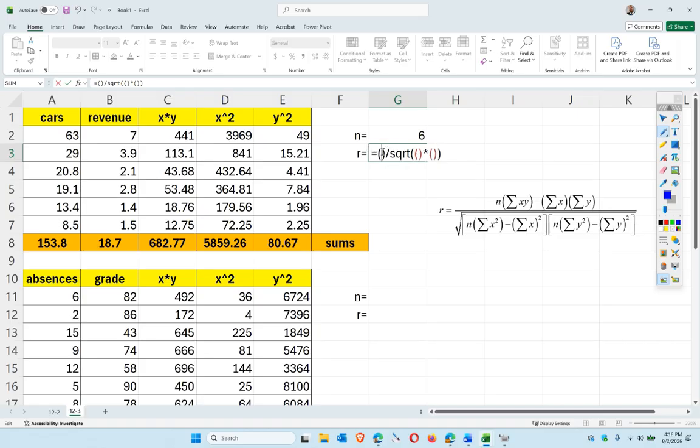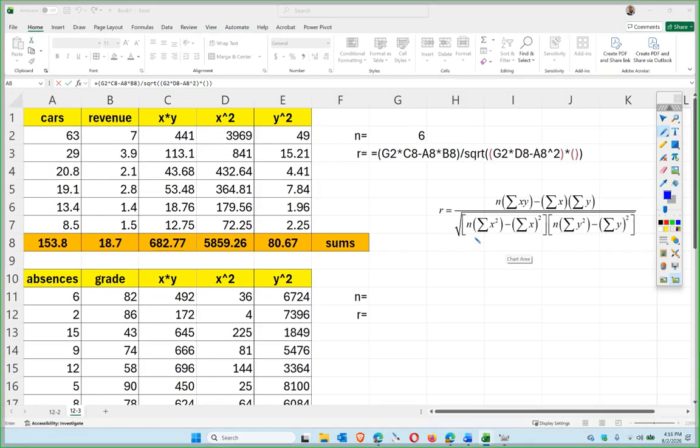So my values here are n times sigma xy minus sigma x times sigma y. That's the numerator part. Then we'll do the x part down the bottom. The x part is n times sigma x squared minus sigma x, all to the second. And that's where the mistake generally comes in, because people think this is the same as this.